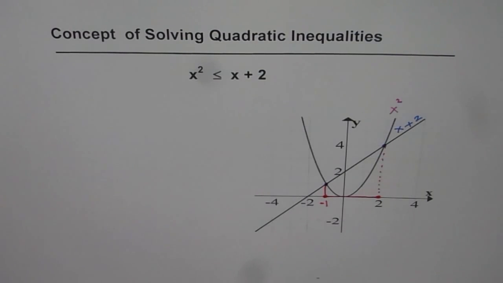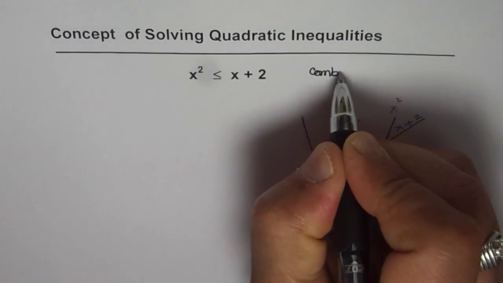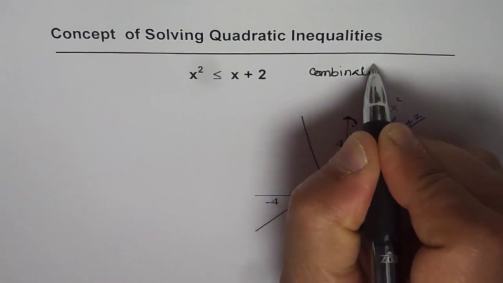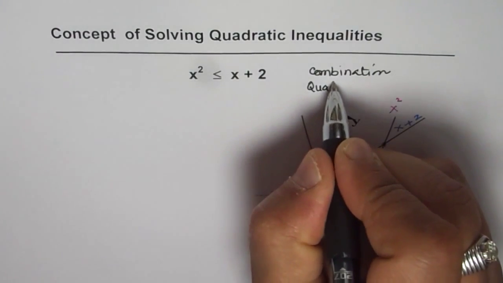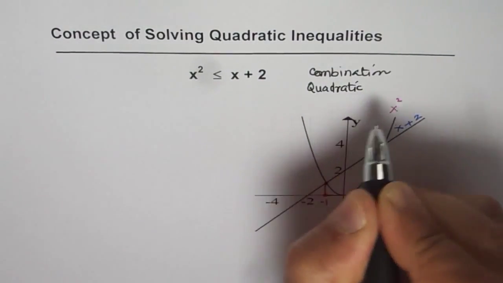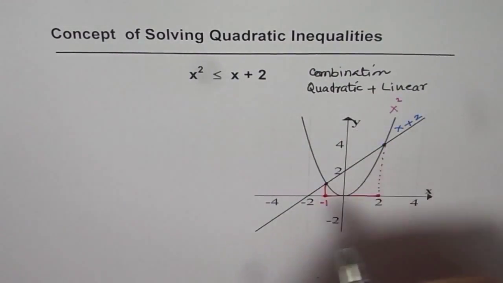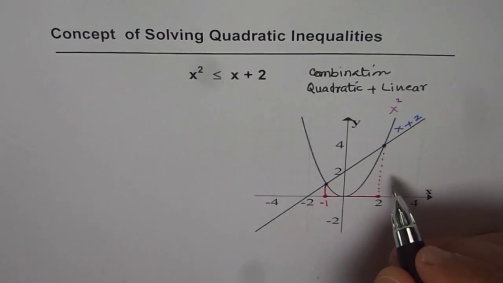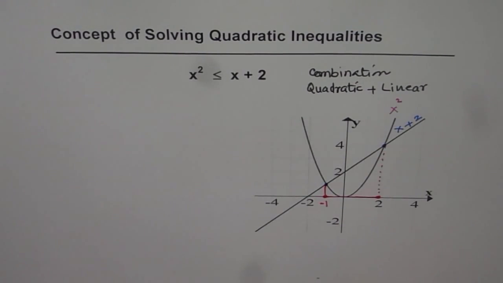So this is one way of looking into it: when we have a quadratic function, see it as a combination of quadratic and linear. Now if you draw these two functions on a graph, you can clearly see your solution. So that is one way of looking into it.